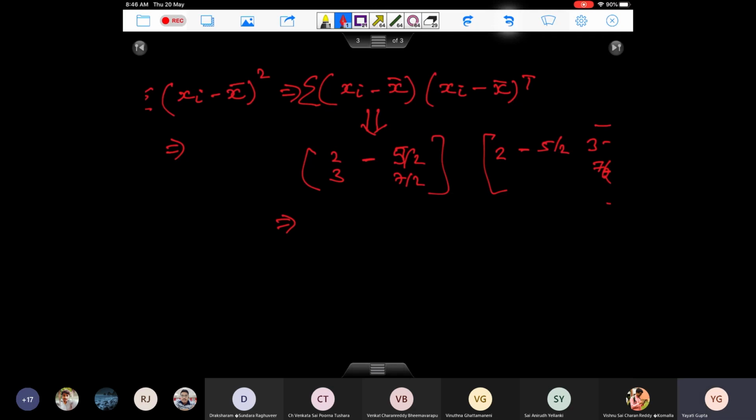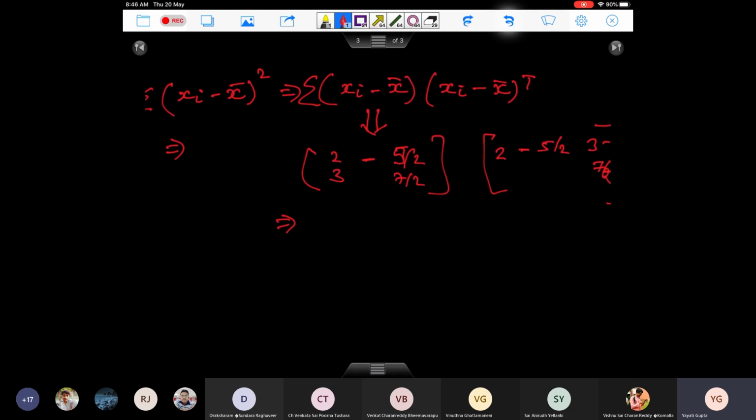If your X is a column vector, we know that the variance is nothing but a scalar quantity. If you compute the variance of your data set, you will get one single quantity there. So if your X is a d-dimensional vector, and you compute xi minus x bar transpose, in our case we had a 2-dimensional vector each.